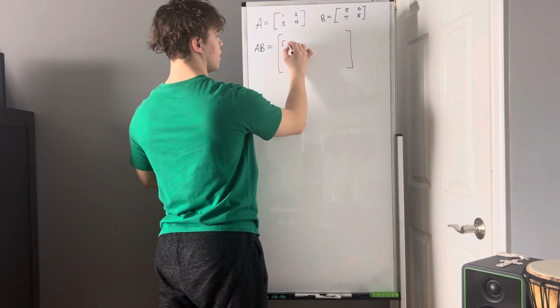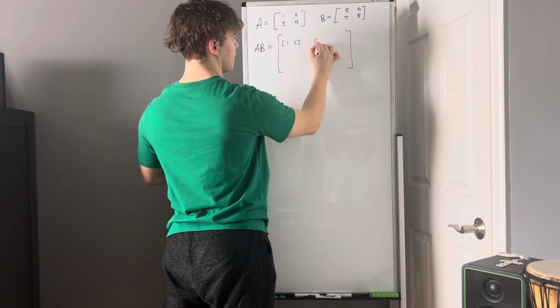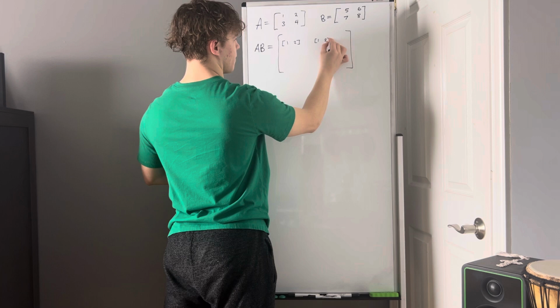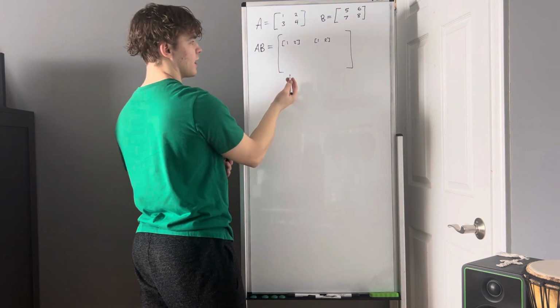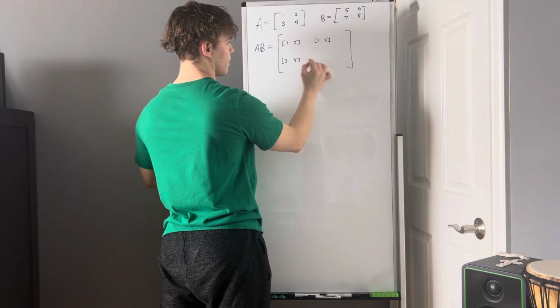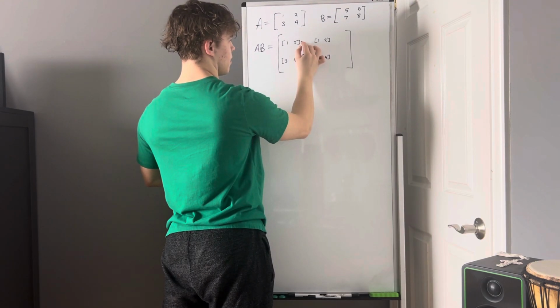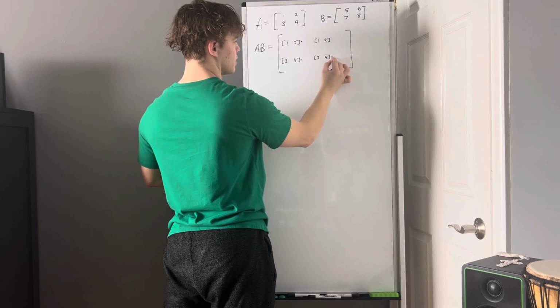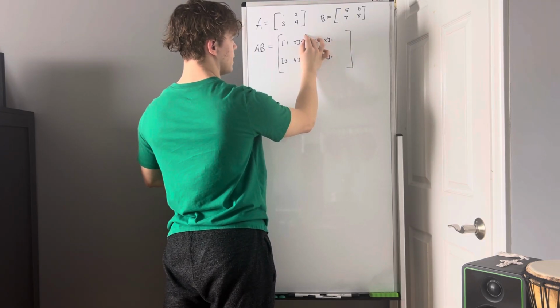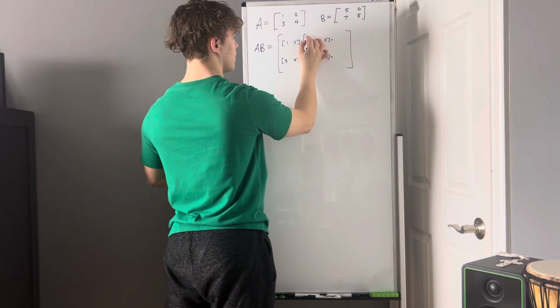In the first row of AB, we're going to have the first row of A. And in the second row, we're going to have the second row of A. We're going to dot product all of these with the columns of B. So the first column of AB is the first column of B.